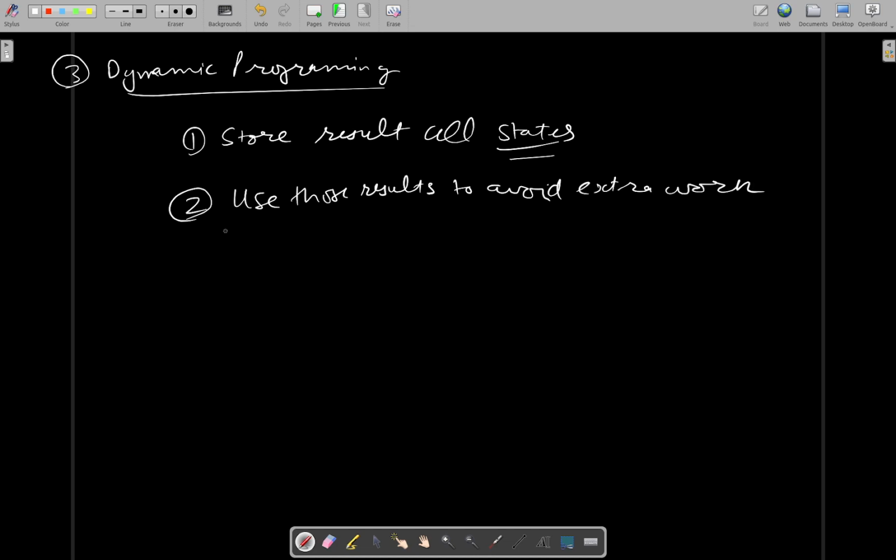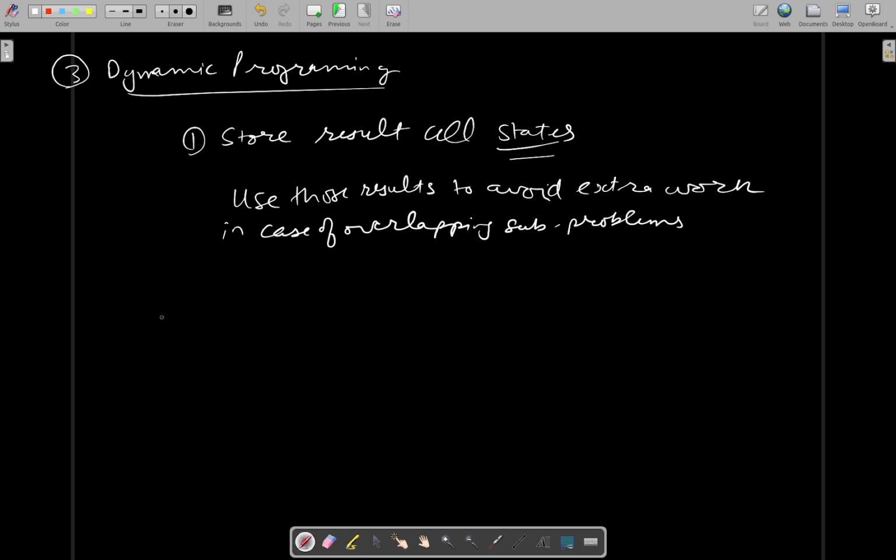In case of overlapping subproblems, this is just a single step.